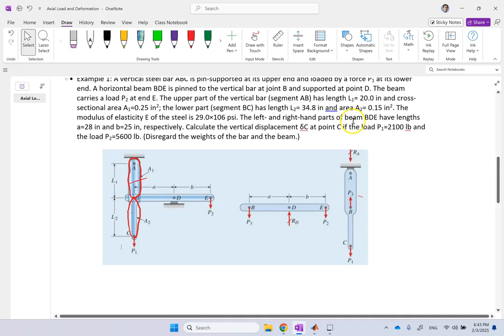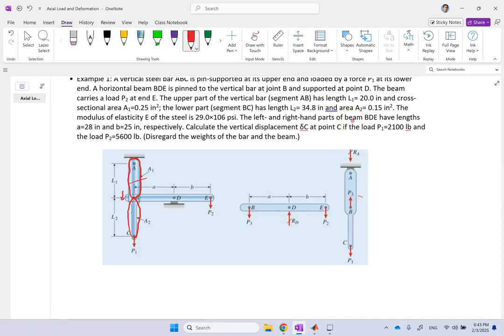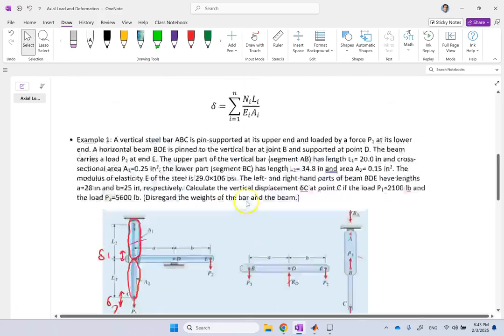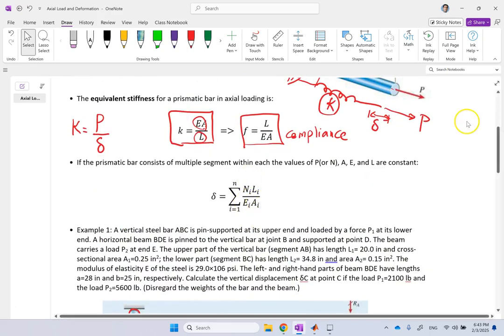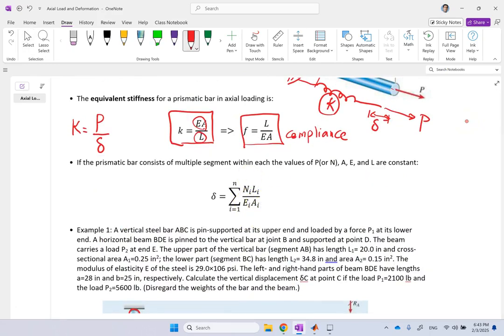And so you have one elongation here, delta 1, and you have another elongation here, delta 2. And the total elongation of this bar, delta, is going to be delta 1 plus delta 2. Okay? So basically, if you want to write it, your delta in general can be summation of i from 1 to n, where n is the number of sections inside which all of these parameters are constant.